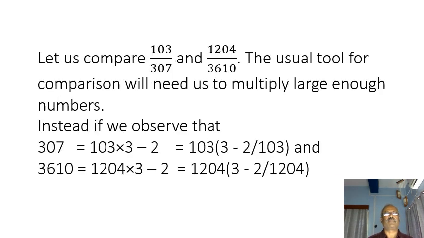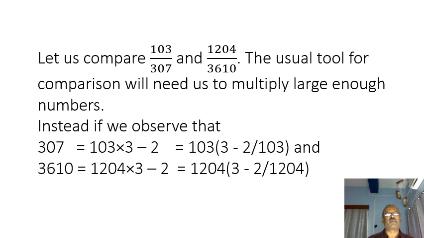Let us compare 103 over 307 and 1204 by 3610. The usual tool for comparison will need us to multiply the numbers 103 multiplied by 3610 and 307 by 1204, which are large enough numbers.